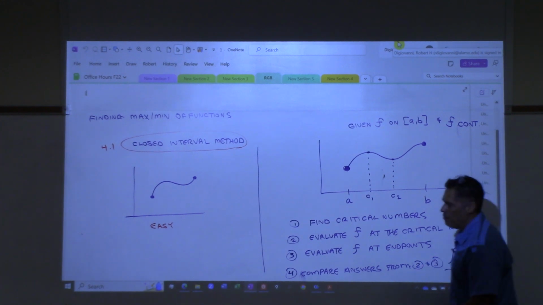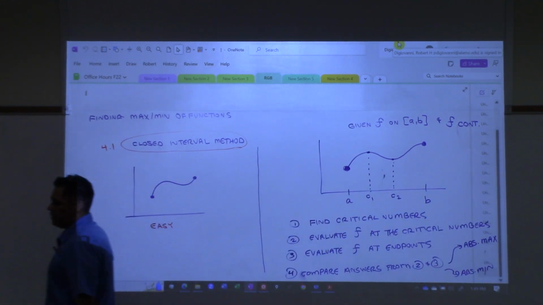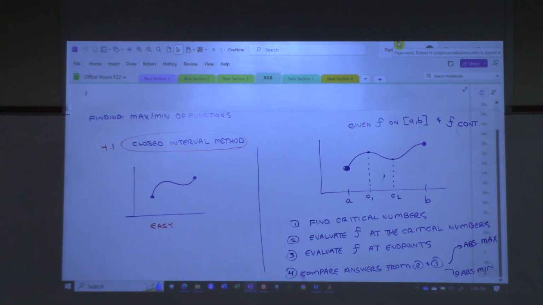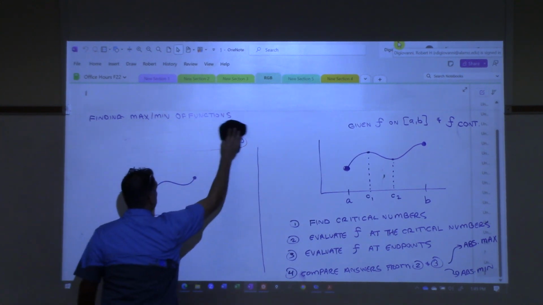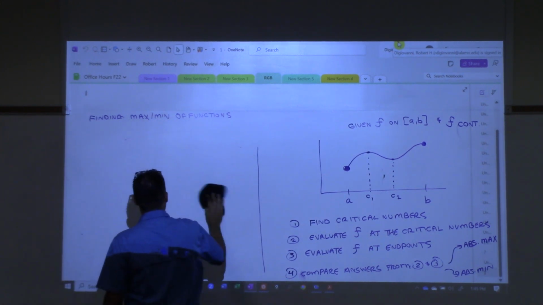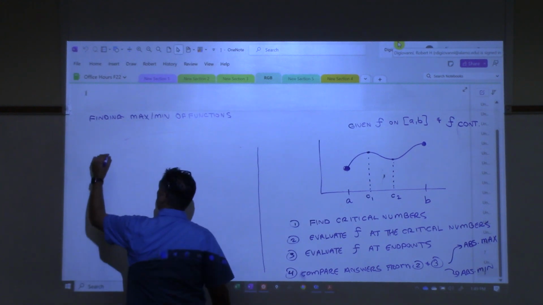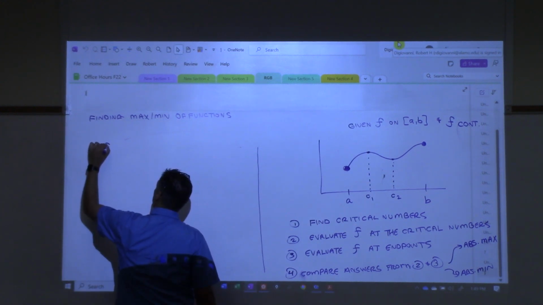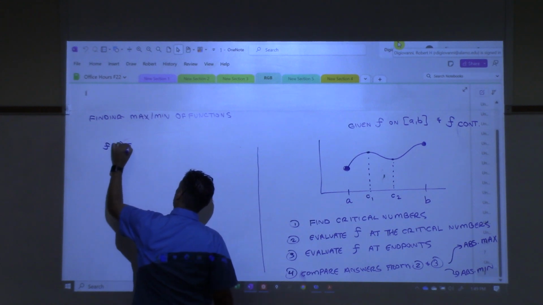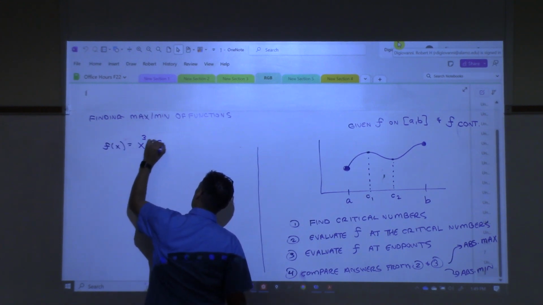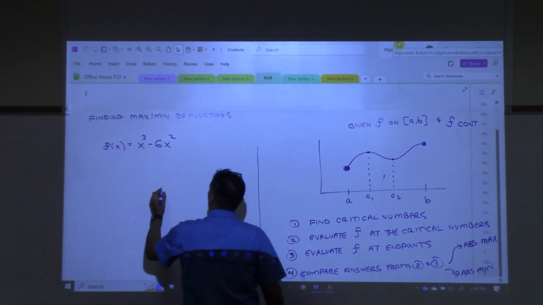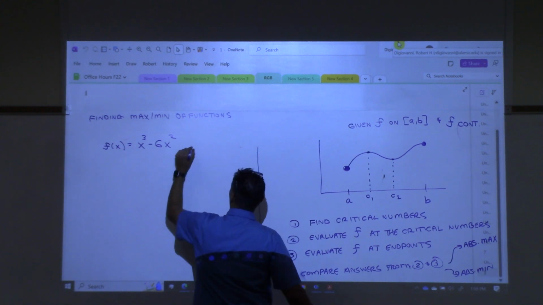Let's do an example. That way we can clarify that a little bit more. And I have enough room to do it right here. Let's go back to the problem we just did. I gave you that function. It was f of x equals x cubed minus 6x squared, right? And we have to put it on a closed interval.